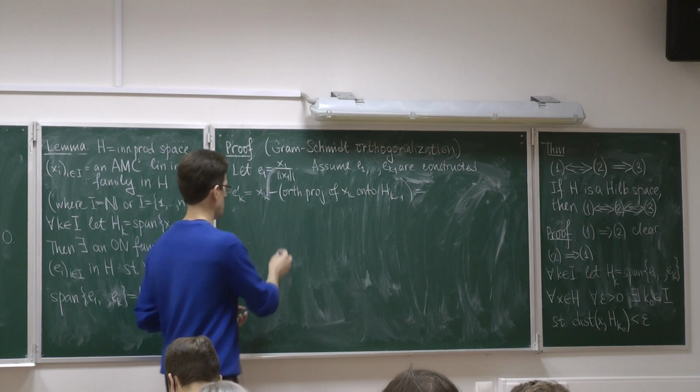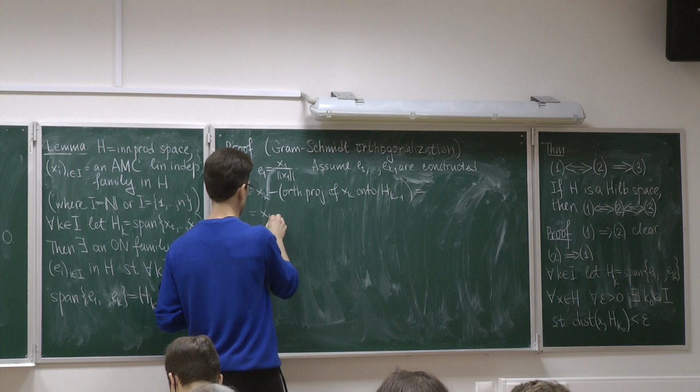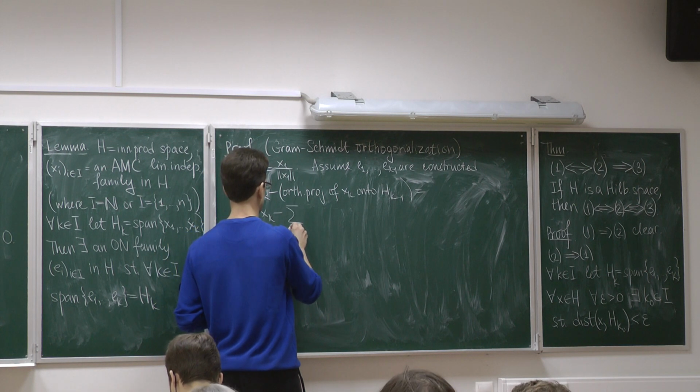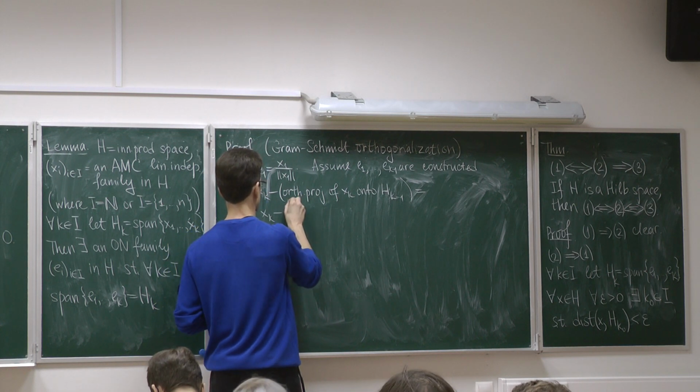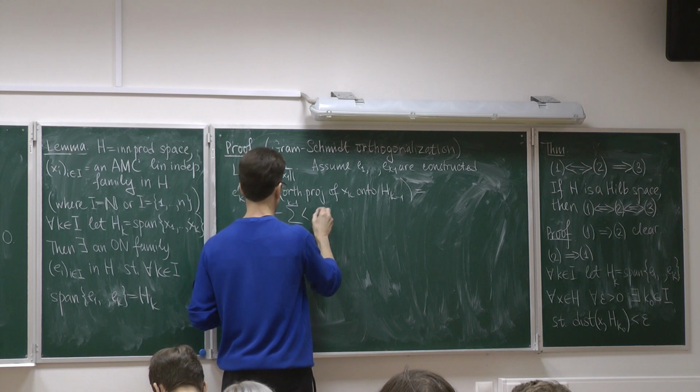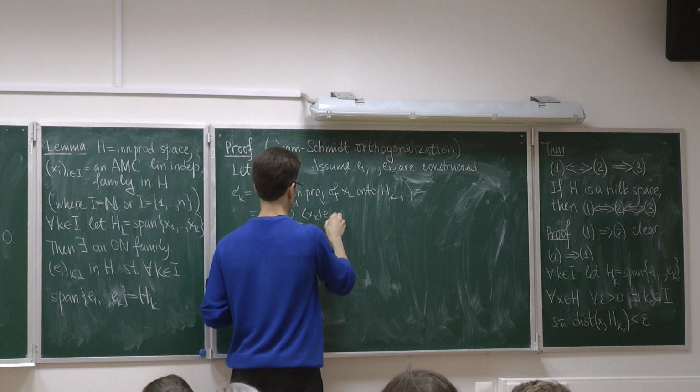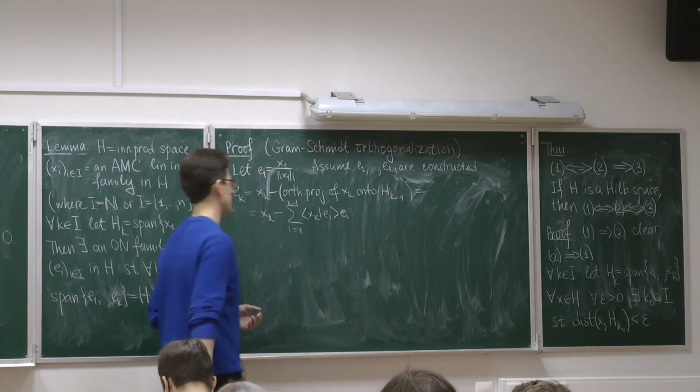So explicitly we know the formula. This is the sum from 1 to k minus 1 of the Fourier coefficients times Ei.